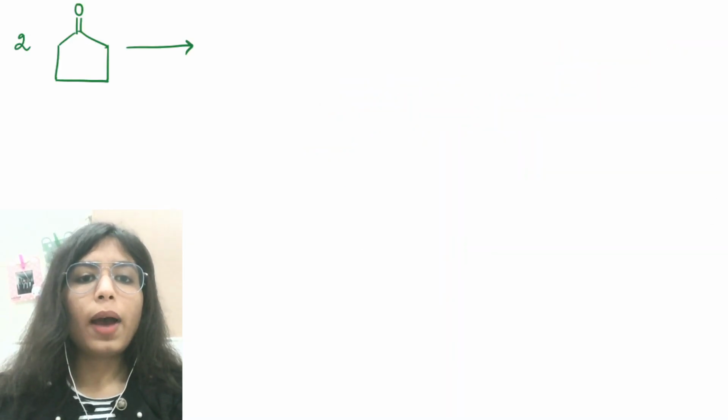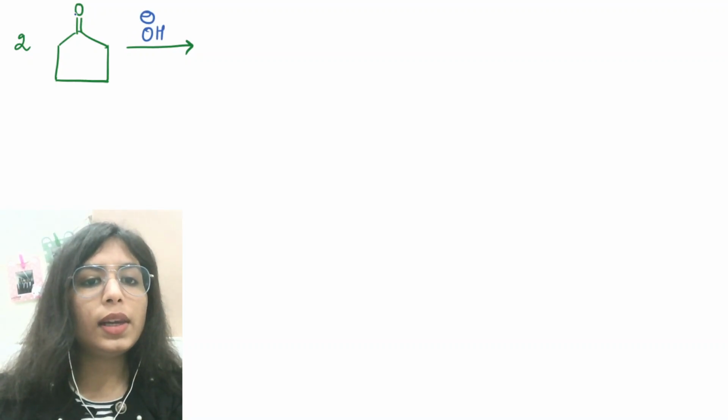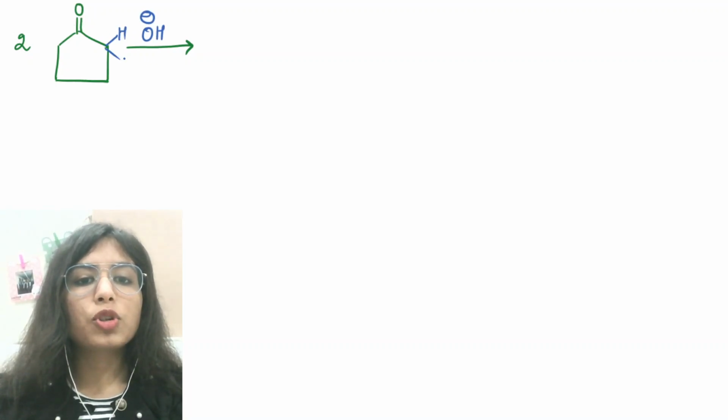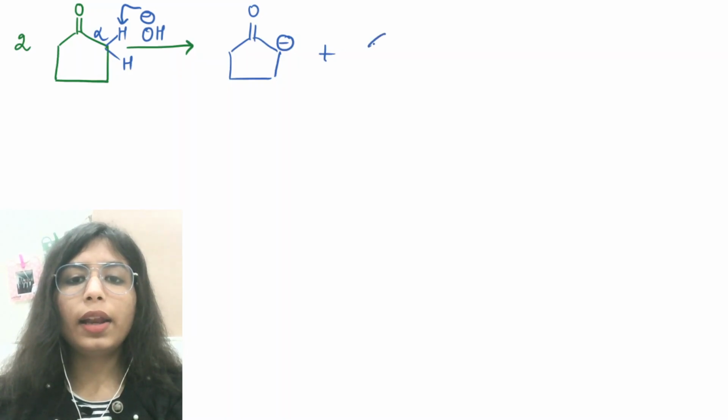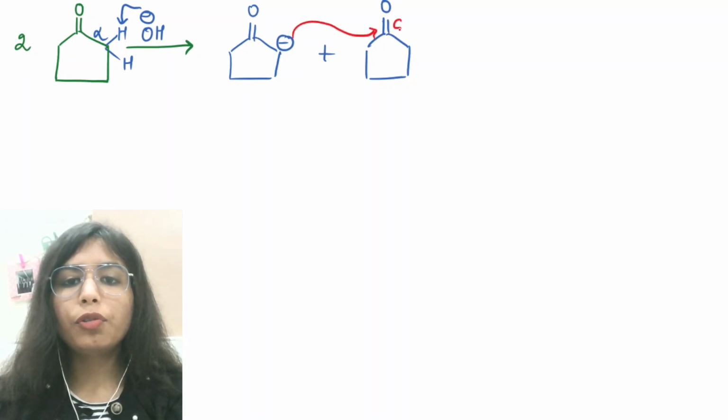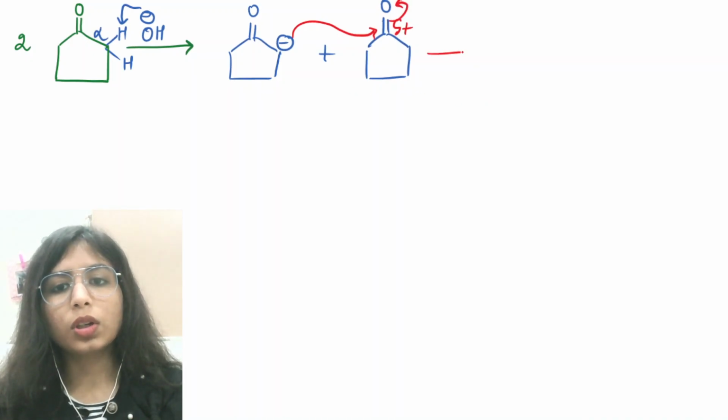So what is going to happen in the first step, the base will come over here, and since this is symmetrical in nature, it will abstract one of the alpha hydrogens that are present. So this is the alpha hydrogen, right? Once it has abstracted the alpha hydrogen, a carbanion would be formed like this, and another molecule of the same substrate will come up, that is this, and it will attack the electrophilic carbonyl carbon position, and the electron density will be seen shifting towards oxygen, right?